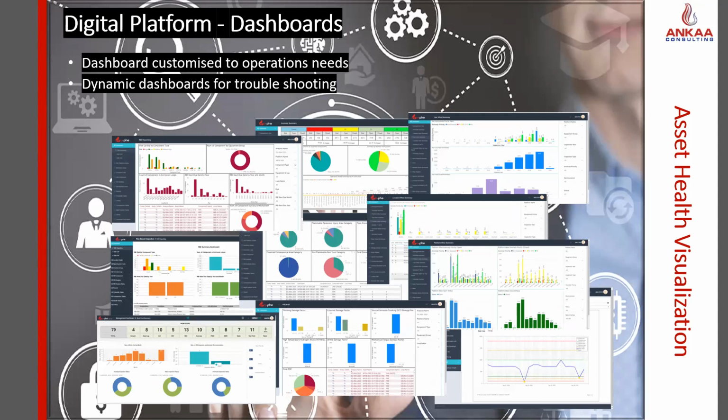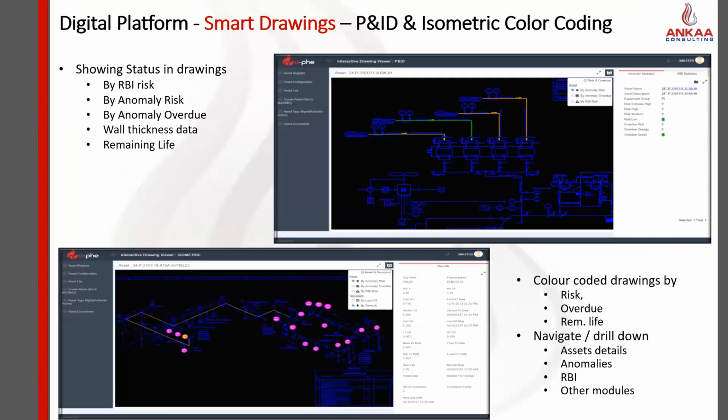So this is great visualization, and this is what gives you the visualization of the health of the asset, and you can have it at a component level, an equipment level, a system level, a deck level, a platform level, a field level. You can have a visualization at every level, and that is suited to different management groups within an organization.